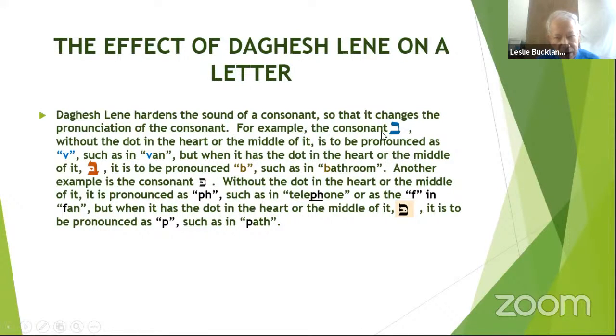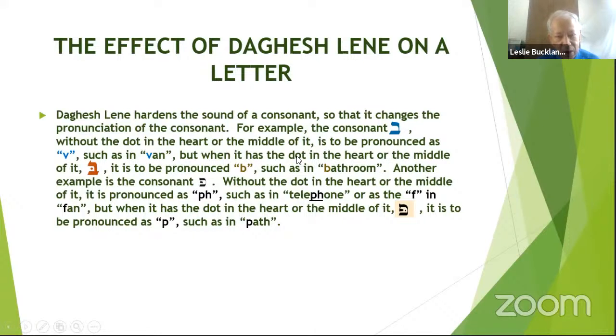For example, the consonant Vaith, the second letter in the Hebrew alphabet, which is pronounced as our V. Notice it has no dot in this consonant at all. Without the dot in the heart or the middle of it, it is to be pronounced as V, such as in van.